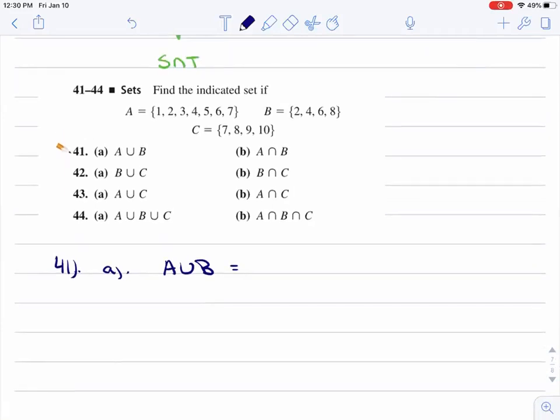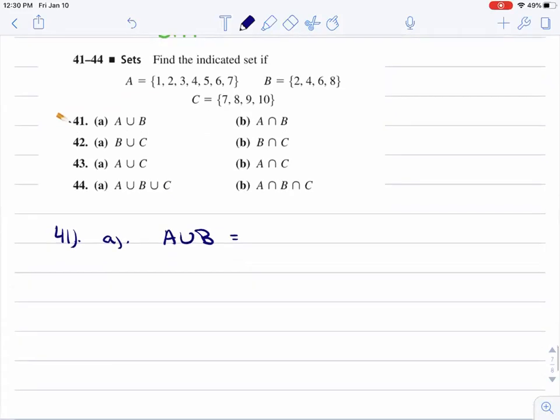In A, I've got 1, 2, 3, 4, 5, 6, 7. In B, I've got 2, 4, 6, 8. So the only new one that I haven't covered by saying A was 8. Now, using those curly brackets, because A union B is another set, we've got 1, 2, 3, 4, 5, 6, 7, and 8.